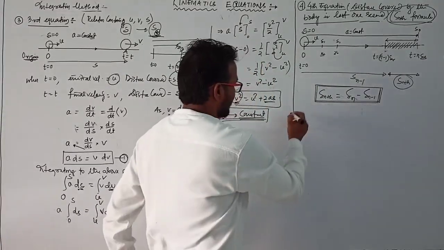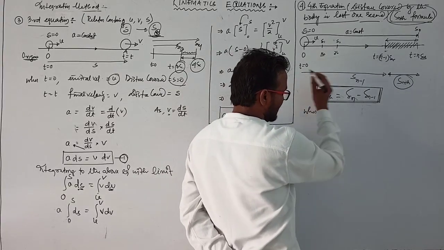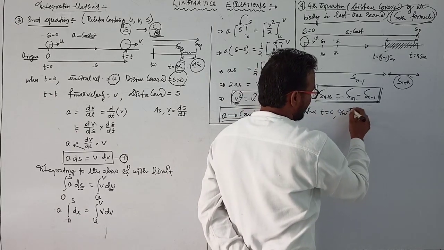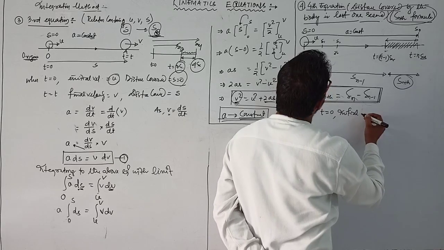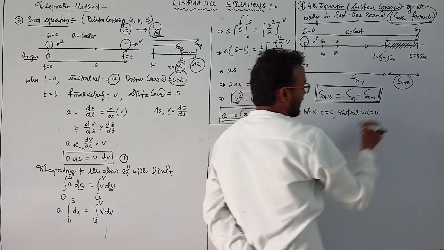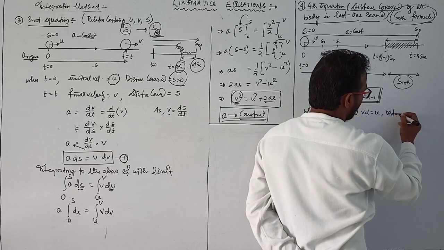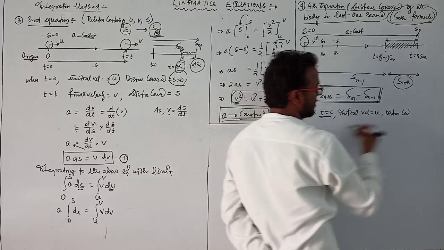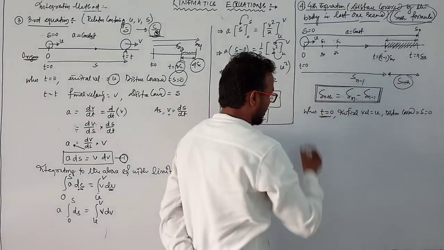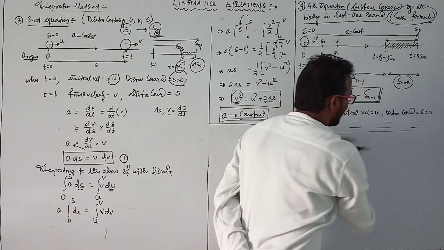Clear? So in this case we already have a relation. When time t equals 0, the initial velocity of the body is u, and the displacement, meaning the distance covered by the body, is s equal to 0, like this in 2 seconds, 3 seconds, 4 seconds, 5 and so on.